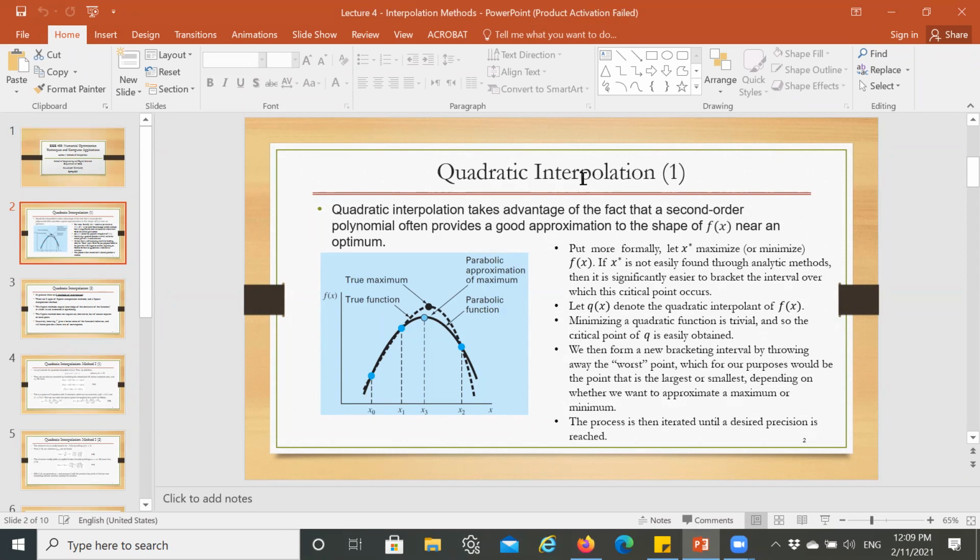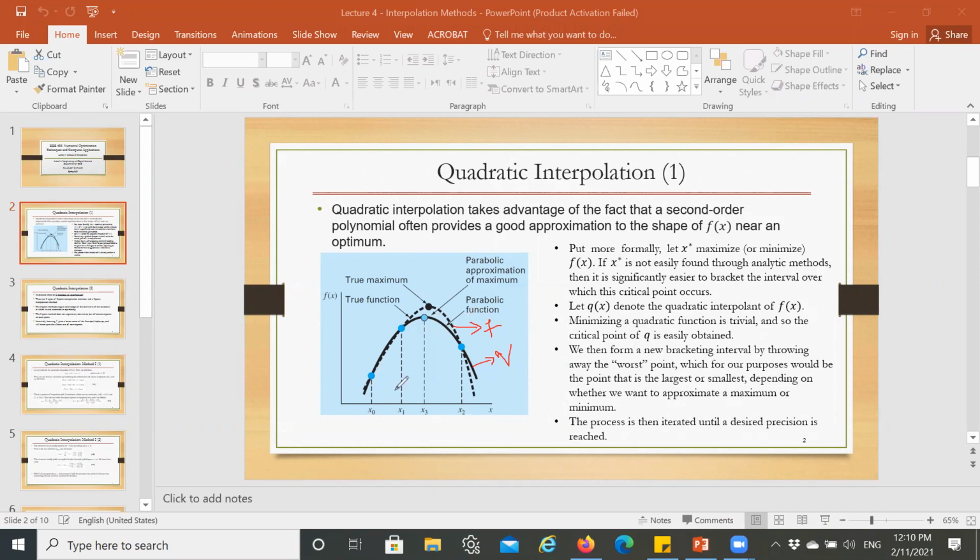So we're beginning with quadratic interpolation. Okay, so we know a quadratic interpolation is a function where the order is 2. So if you look at the dotted line over here, let me bring my pen. So if you look at the dotted line, this is, assume, our actual function f of x. And the black line is our quadratic function, which we are interpolating, and we call it q. Okay, so q is the quadratic interpolant of the function f. So the function f is given within some bound, let's say from x0 to x2.